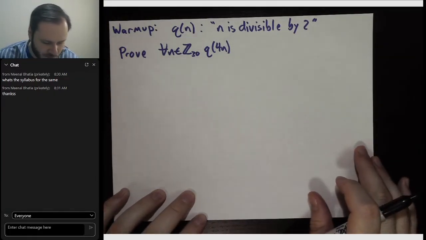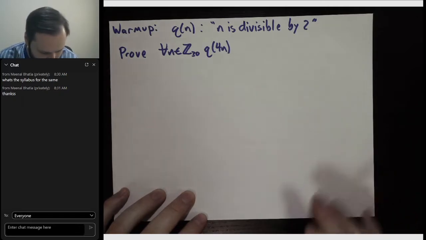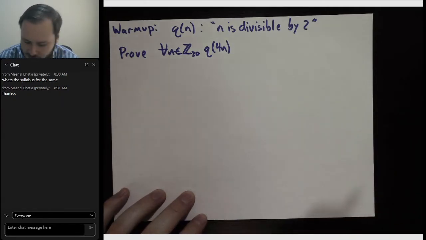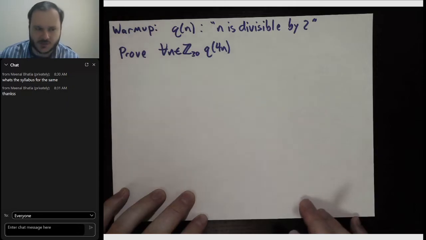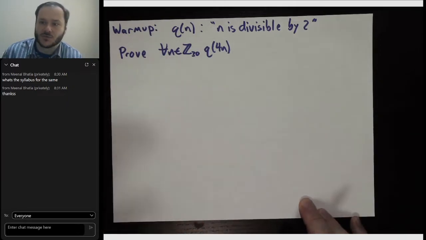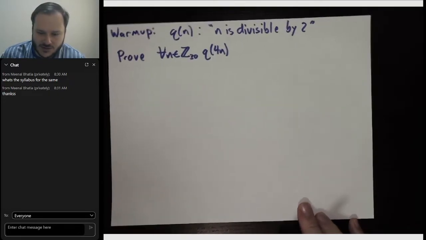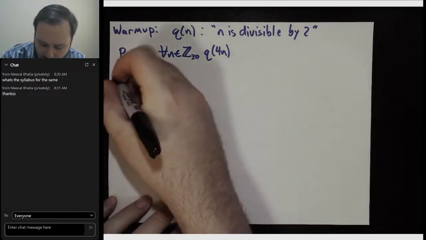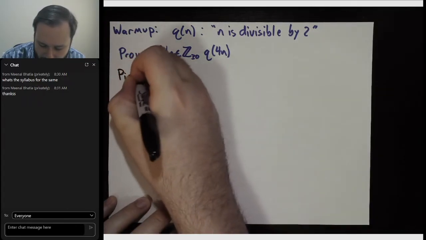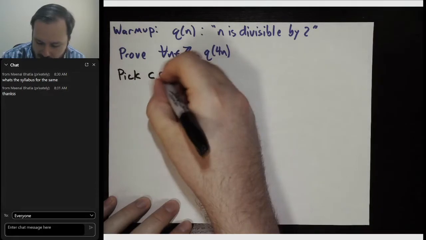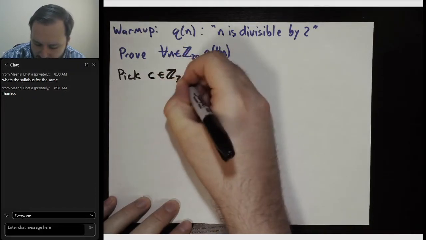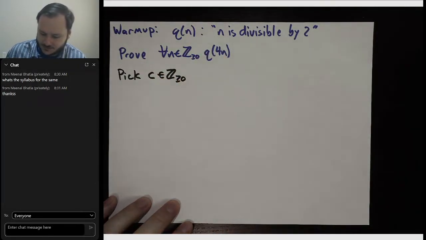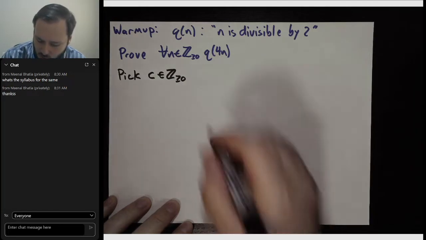Our main tool here is going to be the rule of universal generalization. That was what we talked about at the end of class last time. If we can prove something for an arbitrary member of a universe, then it holds for every member of the universe. So we want to pick c in the non-negative integers arbitrarily.